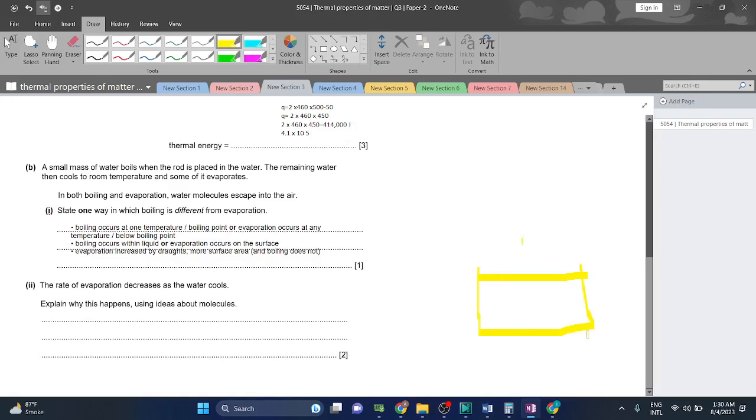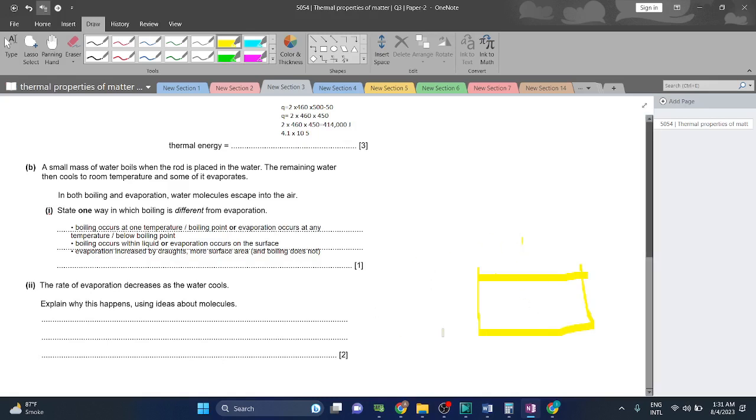Okay? So that will happen and the average kinetic energy of this pool will reduce because all the high energy particles will escape, leaving the pool with low energy particles, which is ultimately cooler water. Cooler water is low energy water while warmer water is high energy.